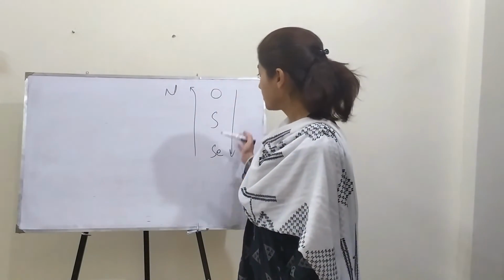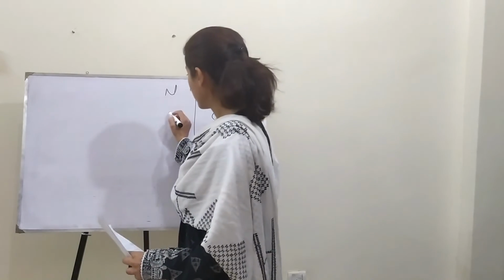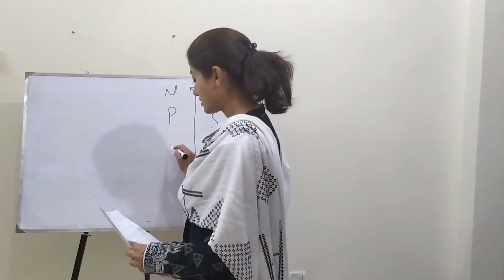So in this way, the priority order would decrease in the case of nitrogen, then phosphorus.